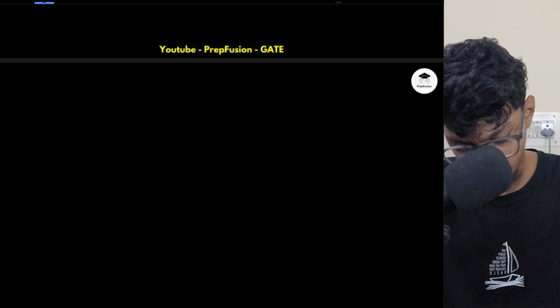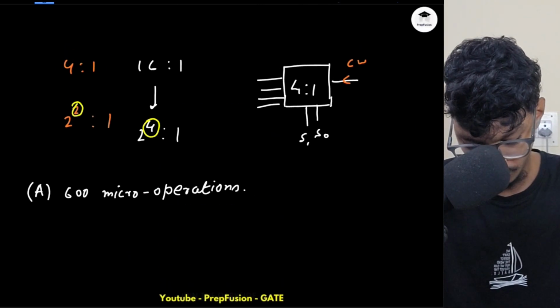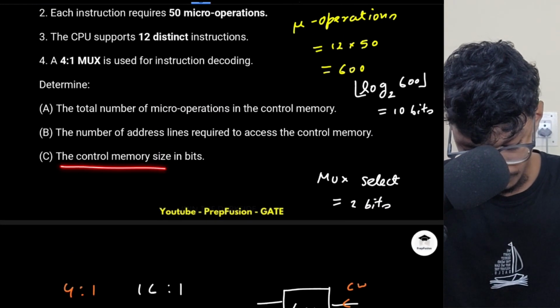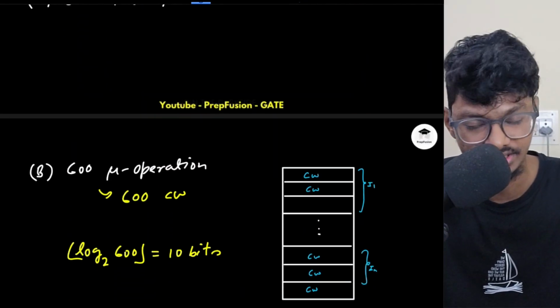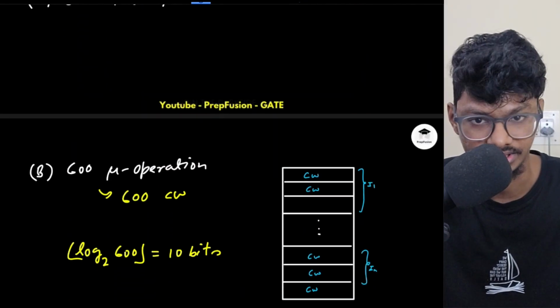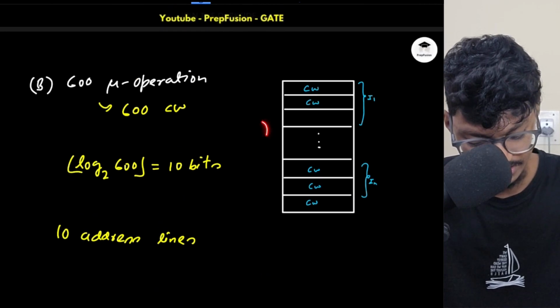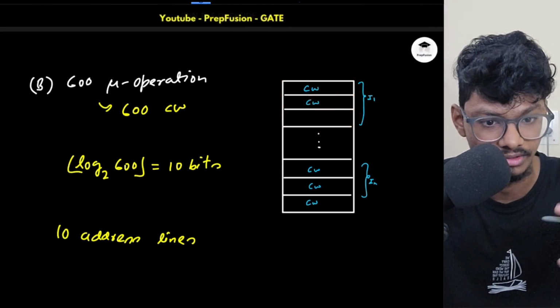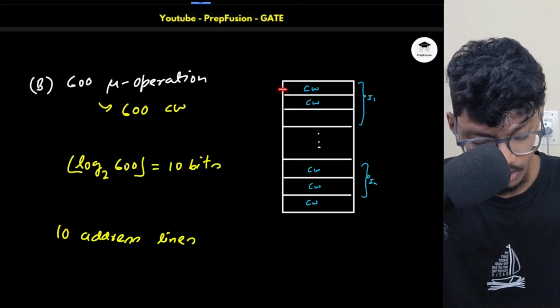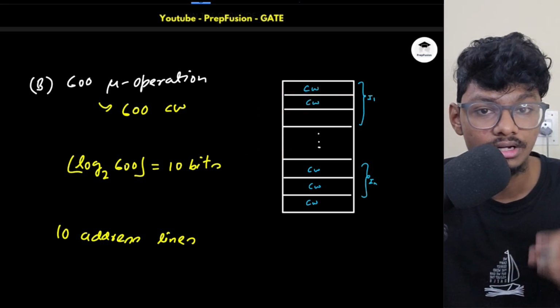Now let's move on to part C. What does part C tell us? The control memory size in bits. This is very interesting, right? You know how to calculate the control memory size. There are addresses, and what does each address contain? That's how we define the control memory, if you remember correctly. So how many bits does the control memory contain?